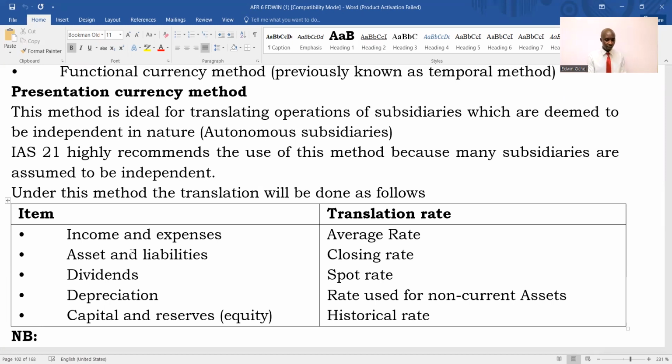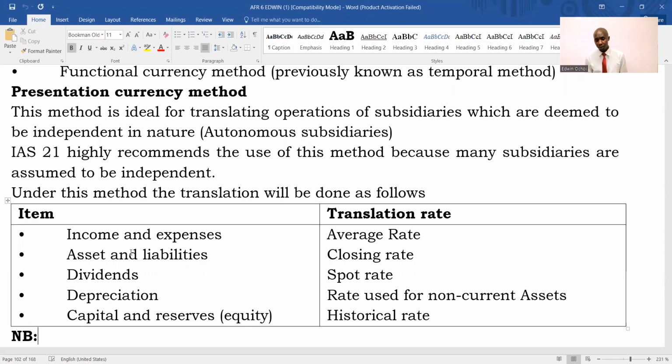Incomes and expenses use the average rate. You need to get this correct, because once you understand the translation rates, there's no question which would be difficult for foreign subsidiaries.